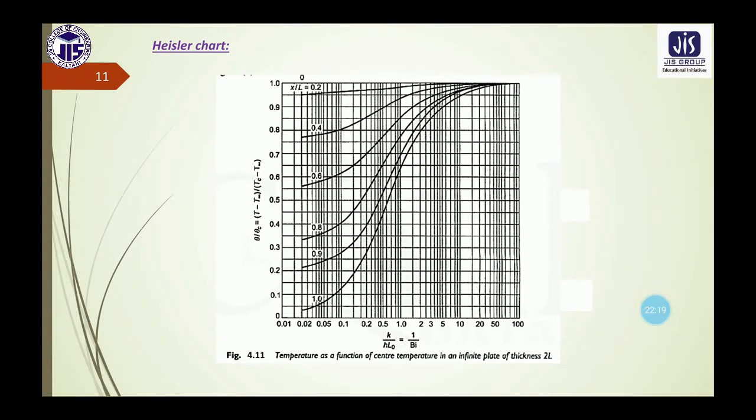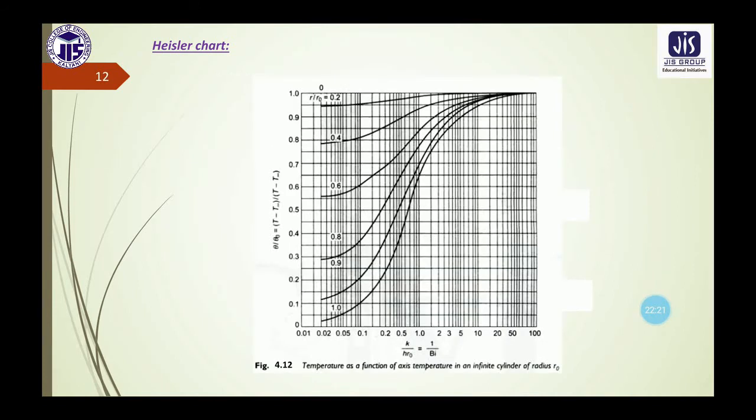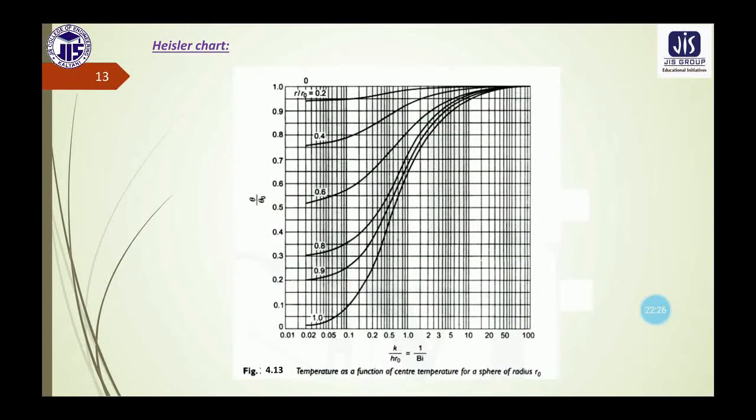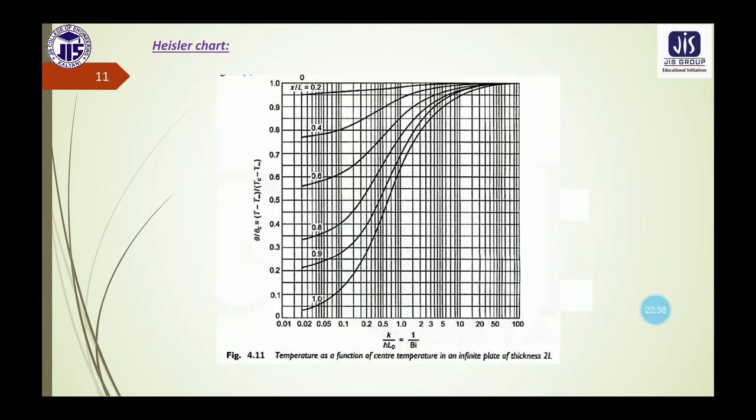Similar charts exist for a cylinder and a sphere. All these six different Heisler charts will be useful to us, and we will use them while solving different numericals.